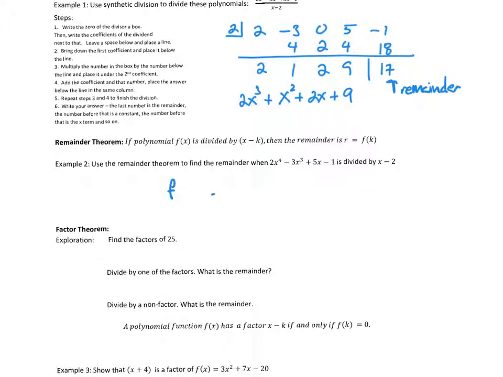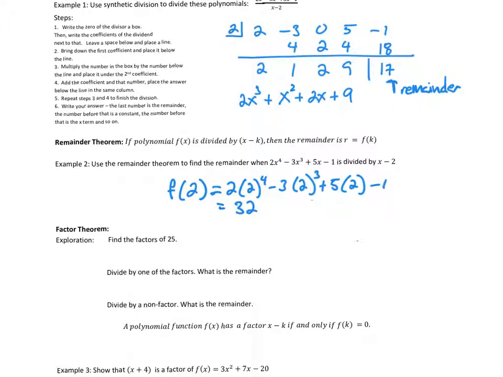We have f of, well, the zero, we'd want to make this a positive 2 equals, and now everywhere there's an x, I'm going to take it out and put in my positive 2. If we simplify this, our first term here becomes 32.